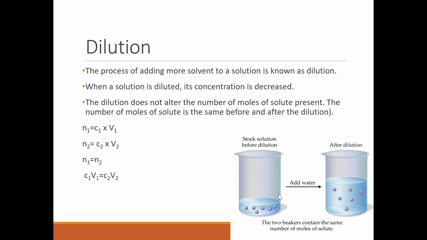So if I have this concentrated solution and I add water to it, we see the number of moles in the concentrated solution and the diluted one is the same.